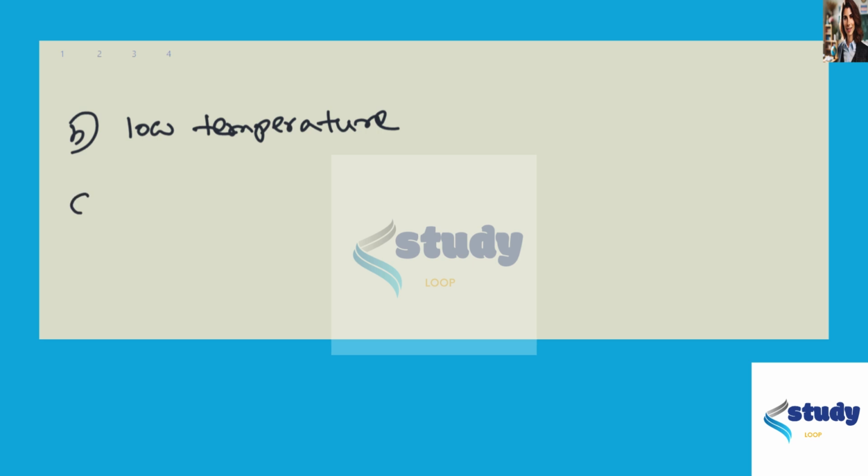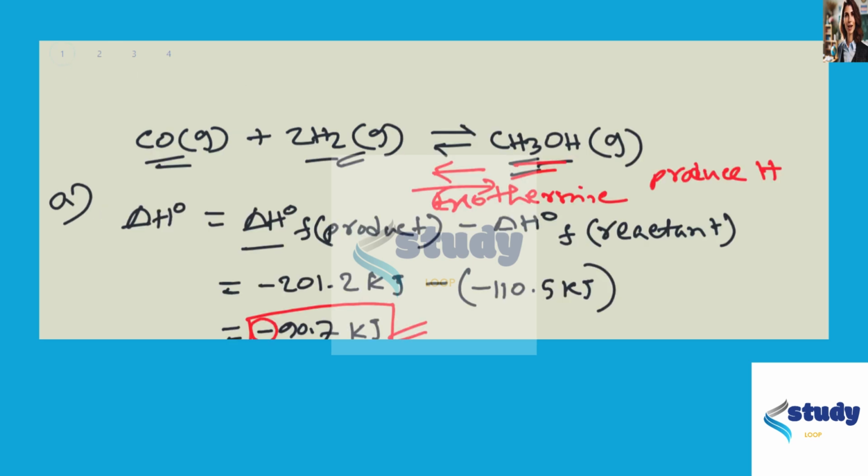Now in question C, we are asked whether high or low pressure will maximize the equilibrium yield of methanol. High pressure means low volume. So if this is a regular pressure and we apply higher pressure, the volume will be like this.